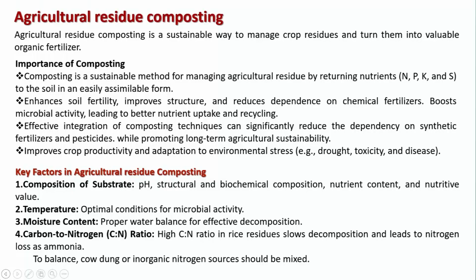If we start working with a high C:N ratio, we will have issues with nitrogen immobilization. There will be some nitrogen stress initially, but it improves in the latter part of the process. So to balance, cow dung or inorganic nitrogen sources should be mixed. It is always mandatory. If we want to take care of all of these, we have to make that sort of mixture.